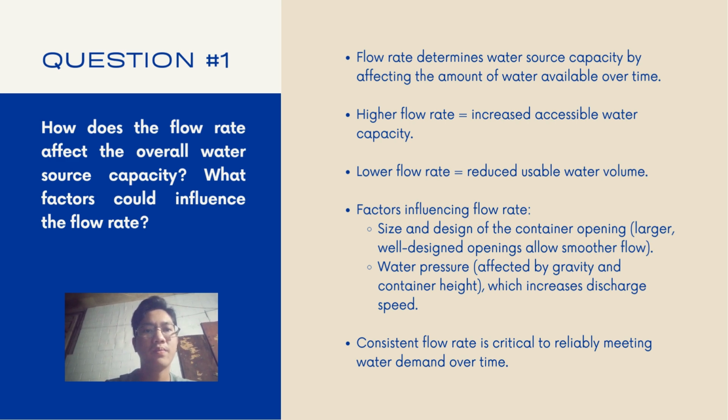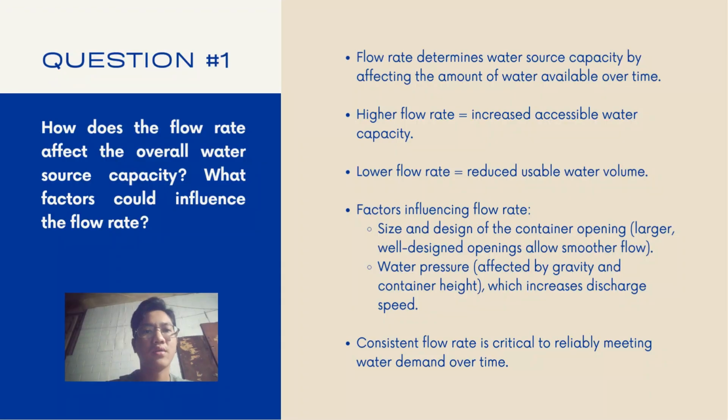Additionally, water pressure, often affected by gravity, such as the height of the container, can lead to a faster discharge and consequently a higher flow rate. These factors determine how reliably a water source can meet demand over time, especially in scenarios where consistent capacity is essential.